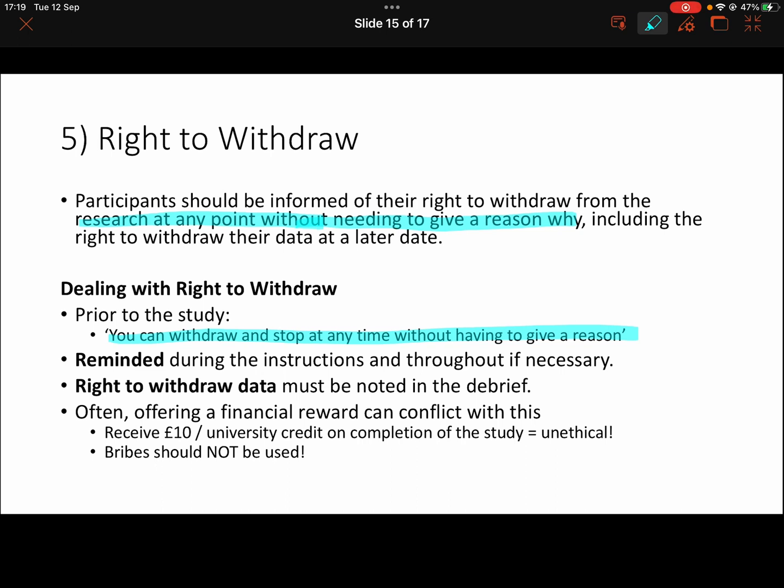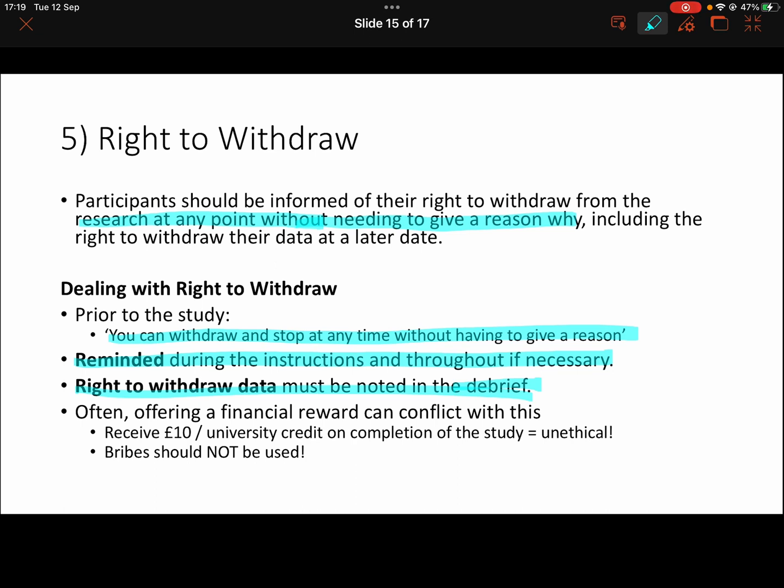So we need to give them some sort of timeline of when they've got to decide, but they can withdraw even after the study. Throughout the research, we should remind them. Afterwards, in the debrief, at the conclusion of the study, they need to be told, once again, you can withdraw your data at this point or in the future by getting in touch.